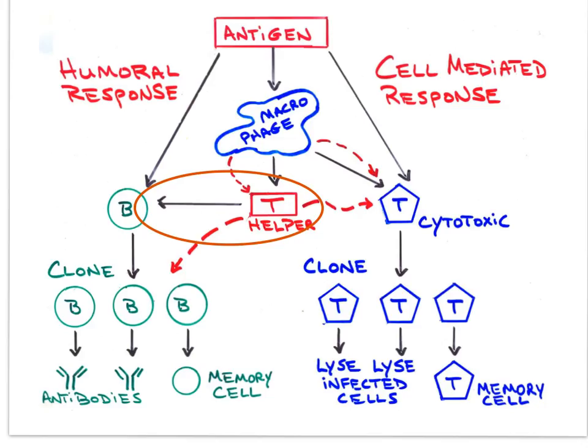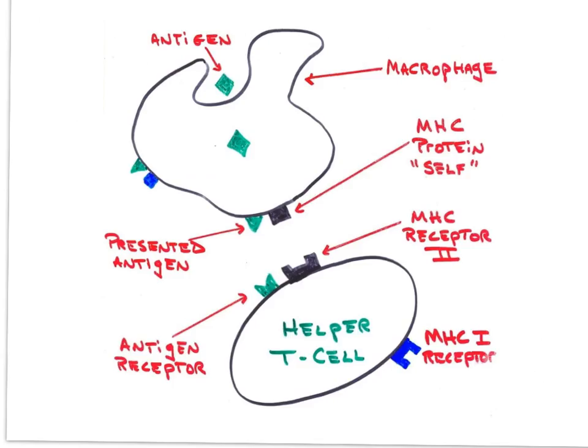Let's look at some of the detail of how a macrophage, once it has consumed an antigen, stimulates helper T cells and then B cells. The macrophage, seen here, once having engulfed the antigen, presents pieces of the antigen on its membrane surface. Helper T cells, specific to the antigen, are stimulated by the specific molecular shape of the antigen.